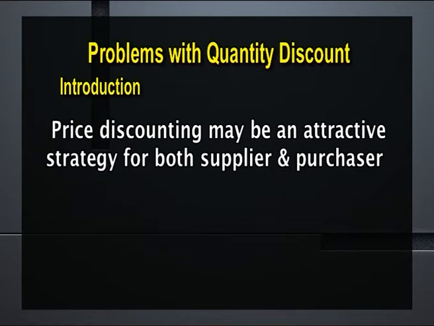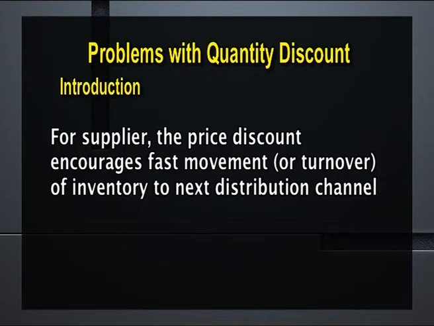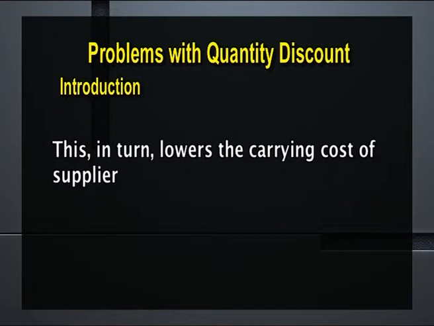Price discounting may be an attractive strategy for both supplier and purchaser. For the supplier, the price discount encourages fast movement or turnover of inventory to the next distribution channel. This in turn lowers the carrying cost of the supplier.